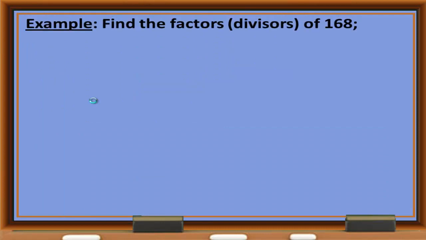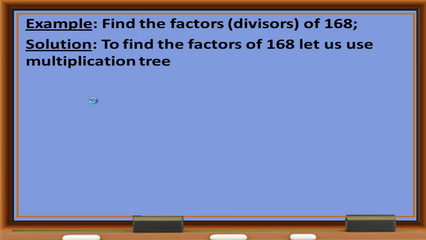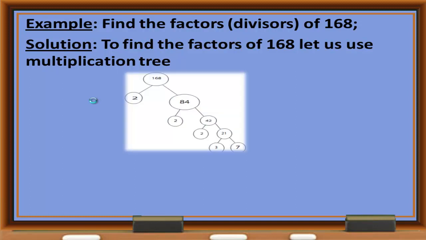Example, find the factors, this means divisors, of 168. Solution. To find the factors of 168, let us use a multiplication tree. That is, first we write 168. 168 divided by 2 is 84.